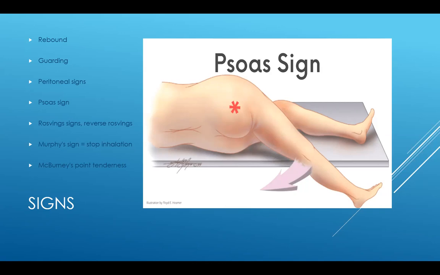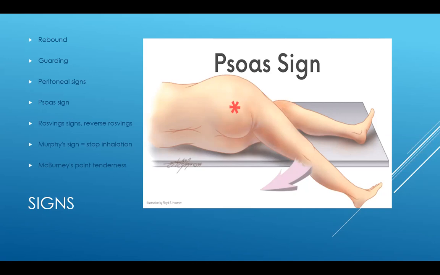A psoas sign, the psoas is this muscle that runs right in front up into the lower abdomen. Well, when you extend that hip and pull back, it's going to pull that musculature right over the top of the appendix. And so if you elicit pain with that, as the hip flexor glides over the appendix, then that's a positive psoas sign.